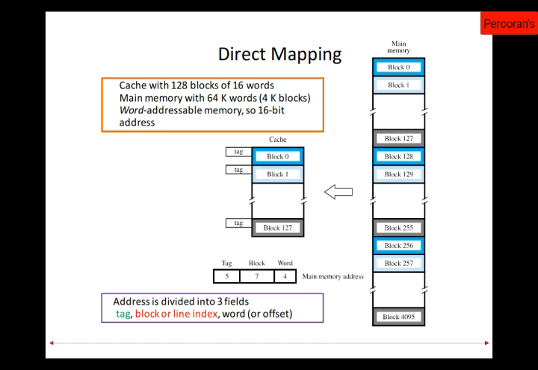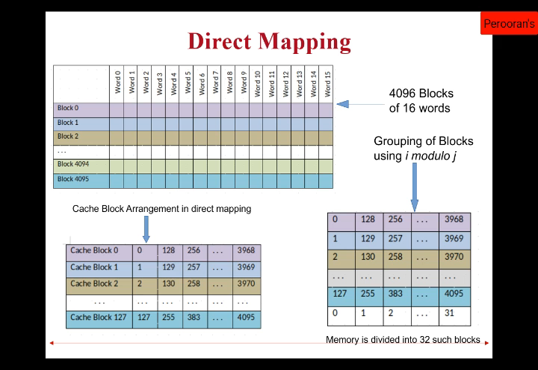So let us go to the previous slide once more. I told you, when we are dividing the main memory blocks, we are doing a modulo operation to group the main memory blocks like this. 0, 128, 256, all these will come under one category.